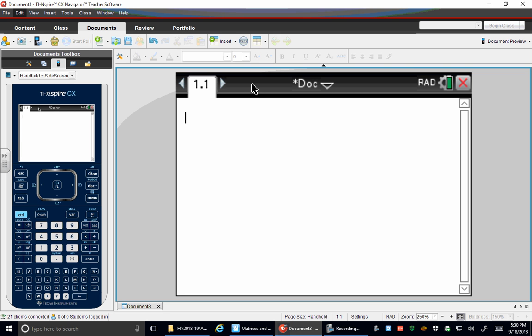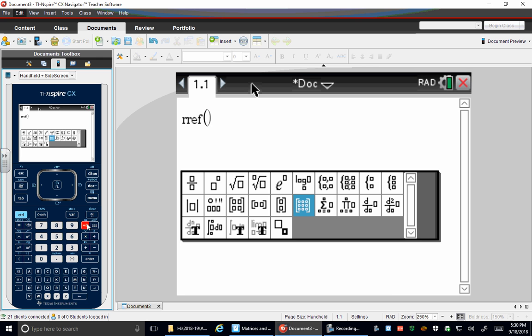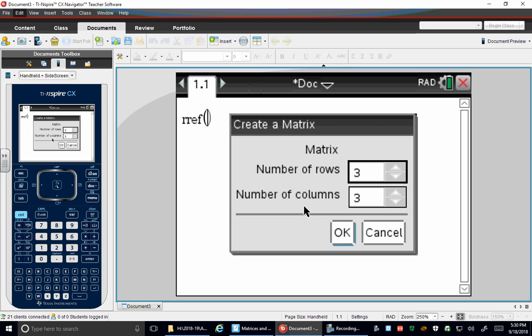So down here, we have RREF. Notice how it went from italicized and the font changed. So that's telling me it recognizes this method, so parentheses. Now I can do the sideways face. And there's my matrix.